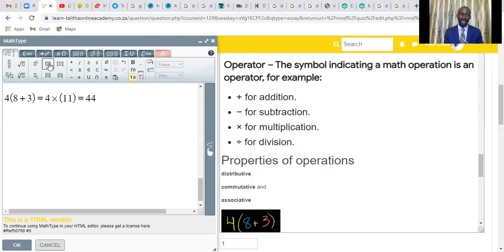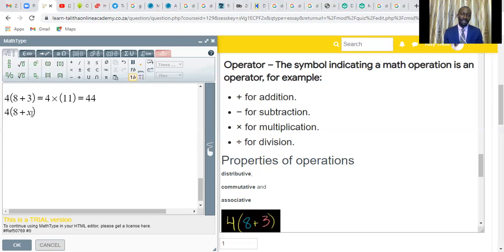But now here is the question. What if 3 was represented by some other letter? What if, instead of 8 plus 3, we had 8 plus x? How would we handle this?